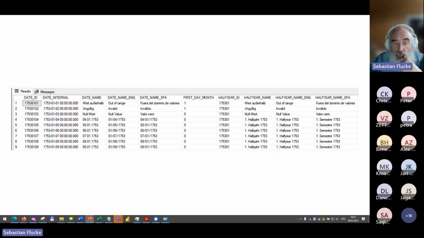The second one, from the point of view of SQL Server: for a long time, SQL Server didn't have a date data type. They had a datetime data type, but for a very long time, they didn't have a date data type without time. The date data type came up maybe in SQL Server 2012 or 2014.